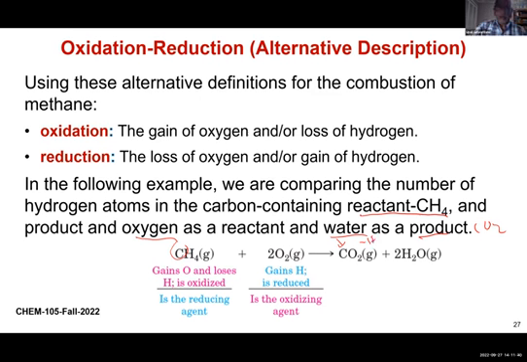Therefore, carbon is oxidized to carbon dioxide. Oxygen gains hydrogen, so that is reduced too. So this is the oxidation part, this is the reduction part, the reactant which is reduced.